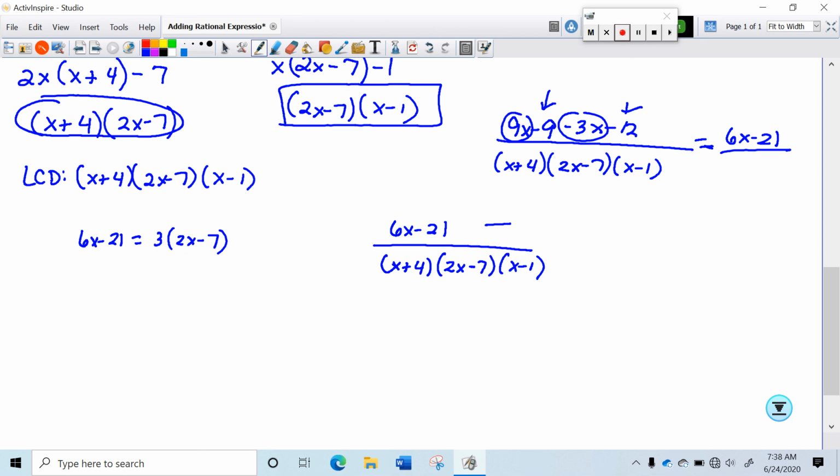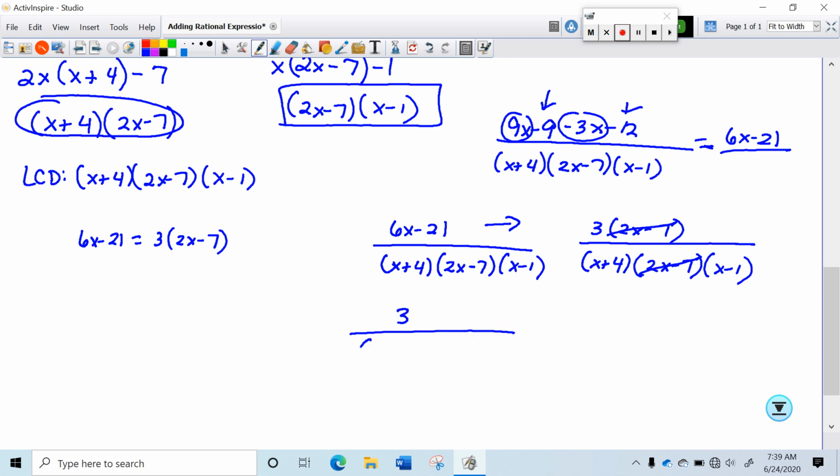So I need to do that. So 3 times 2x minus 7, common denominator, x plus 4, 2x minus 7, x minus 1, families cancel. So the 2x minus 7 just canceled. So my final answer is 3 over x plus 4 times x minus 1. All of that, and that is the answer.